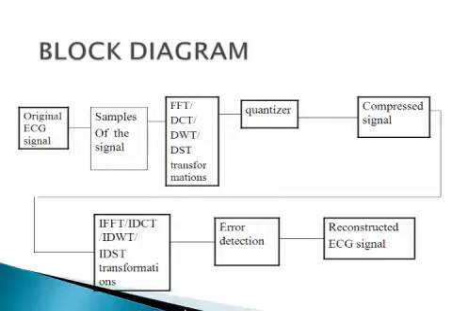We can compare the error by use of an error detector. The error detector compares both the original signal and the compressed signal, which shows how much error is introduced during the compression process.